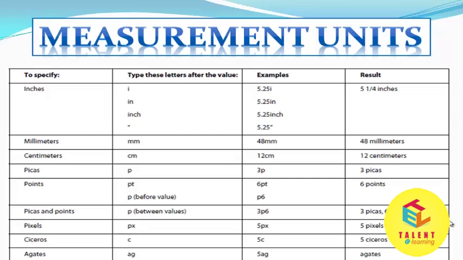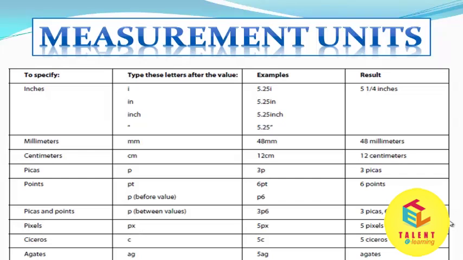For millimeters, mm, for example 48 mm means 48 millimeters. For centimeters we can write cm, for example 12 cm means 12 centimeters.